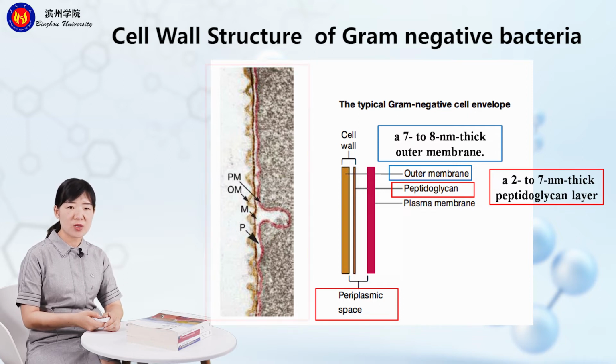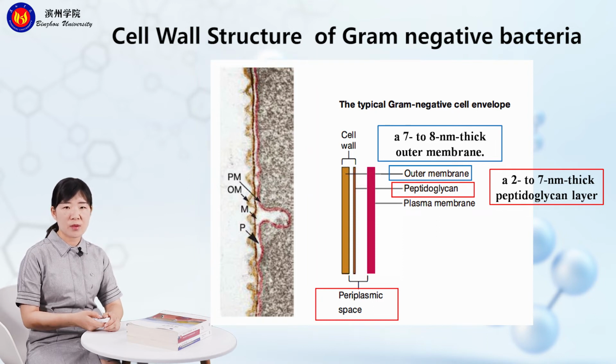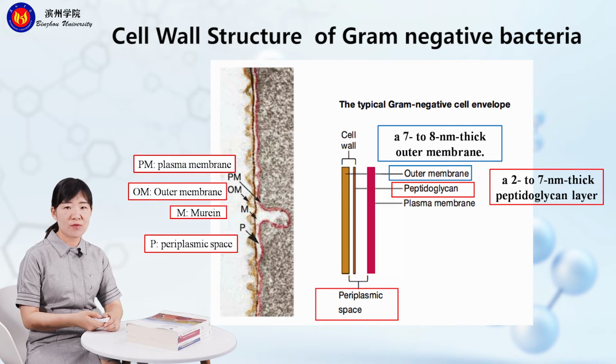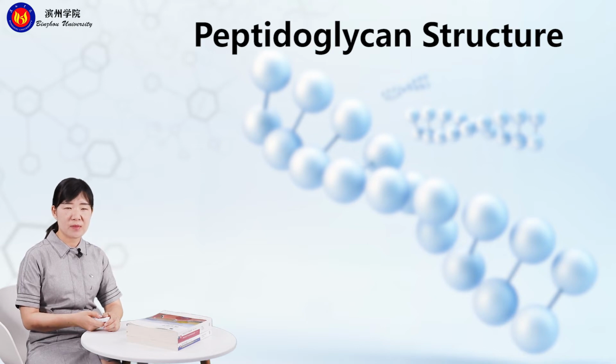See the transmission electron microscope picture on the left. You can see the periplasmic space is wider than that in typical gram-positive bacteria. Then let's see the peptidoglycan structure.